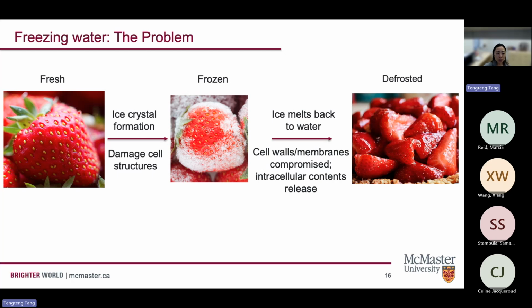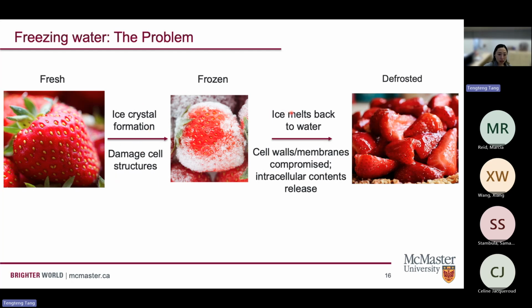The reason is that the freezing process of the fruits is typically relatively slow, even though we call it flash frozen. During this process, the ice crystals form and actually damage the cell structures.